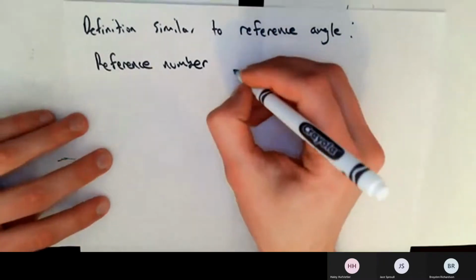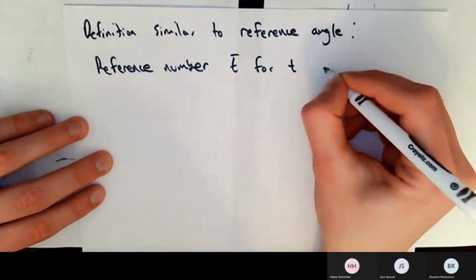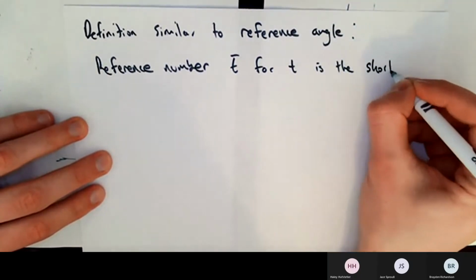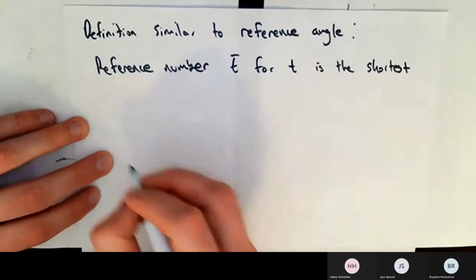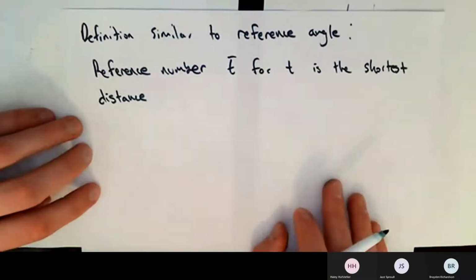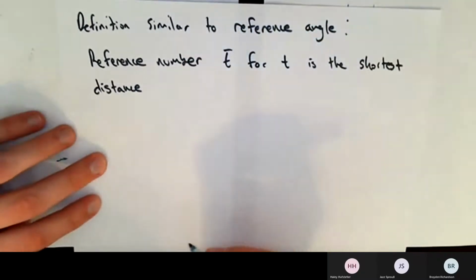So the reference number t bar for t is very similar. It's really the same thing. Remember, I told you chapter 6 is kind of chapter 5 repeated, just in a different setting.